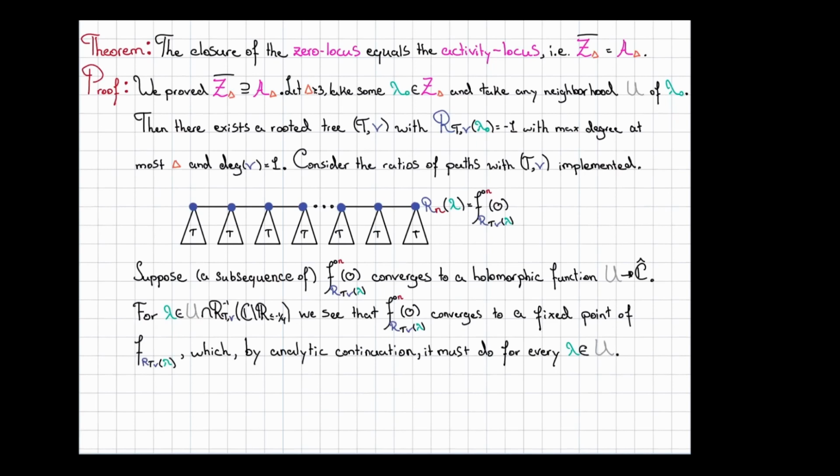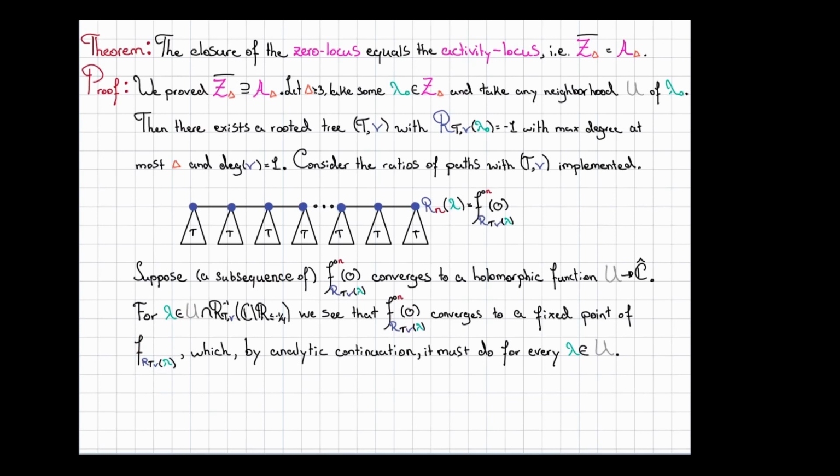So the inverse of the complex plane, where I've removed the real line, everything less than or equal to -1/4, is some open subset of U, and there we saw that for those lambda, this iterated Möbius transformation should converge to a fixed point of this Möbius transformation with this ratio parameter implemented.